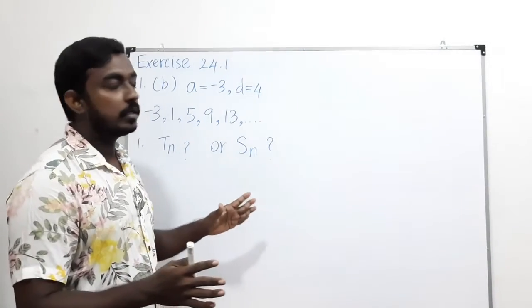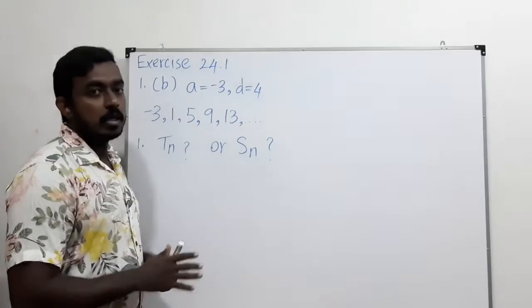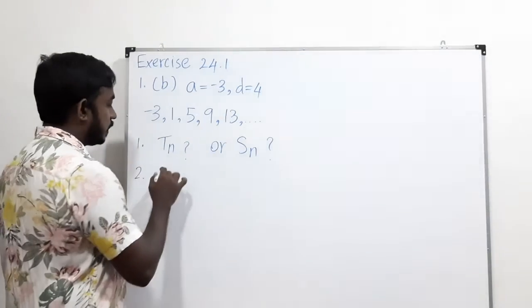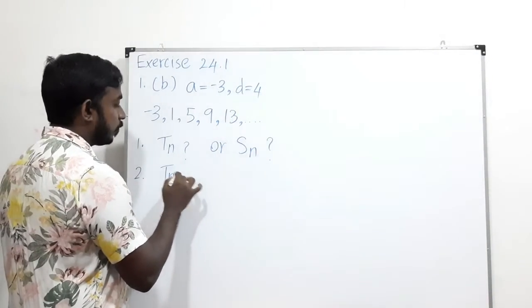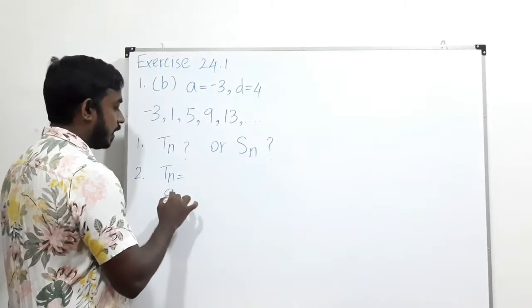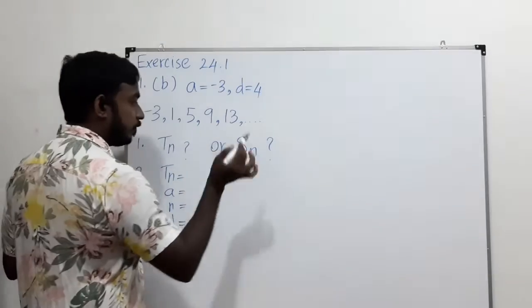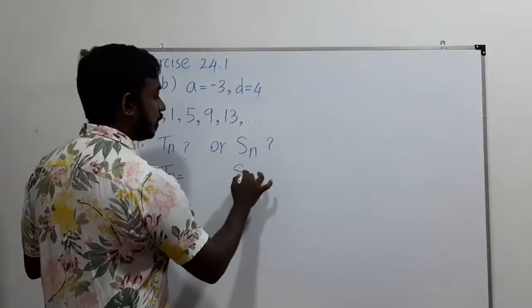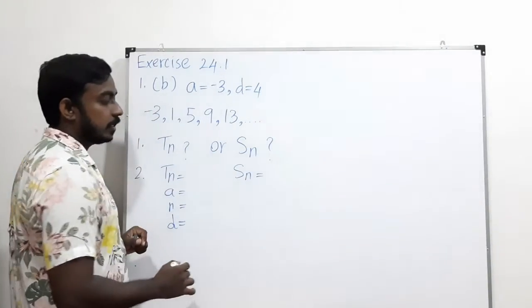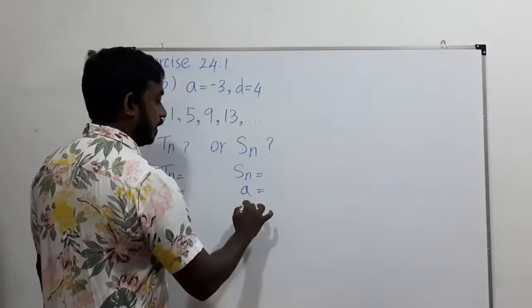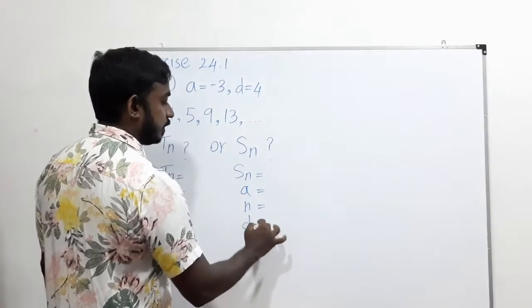Otherwise you can use Tn. Now for the second step, if you use Tn, then you have to write down these four terms: Tn, a, n, and d. If you use Sn, you have to write down these four terms: Sn, a, n, and d.